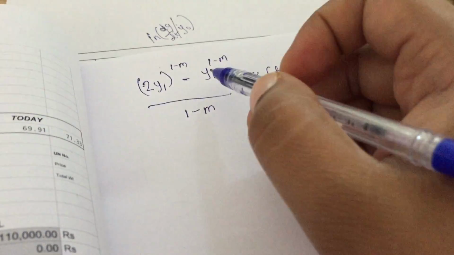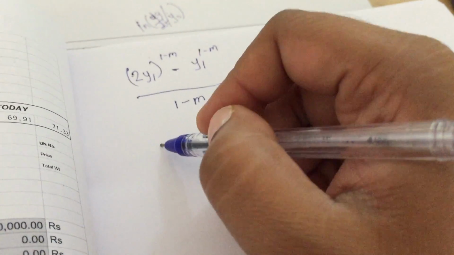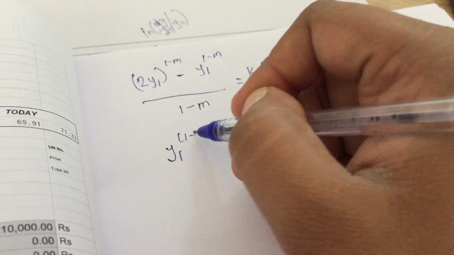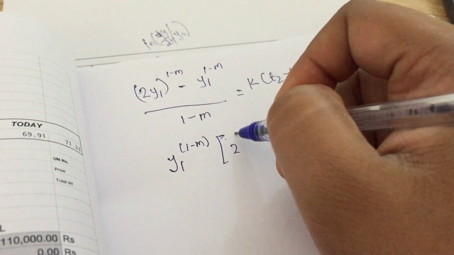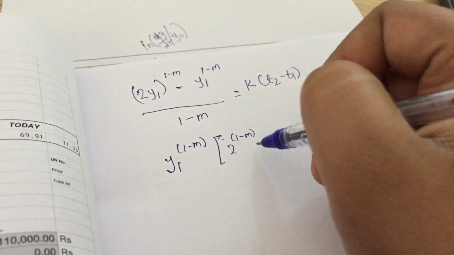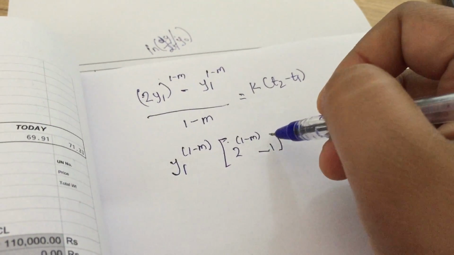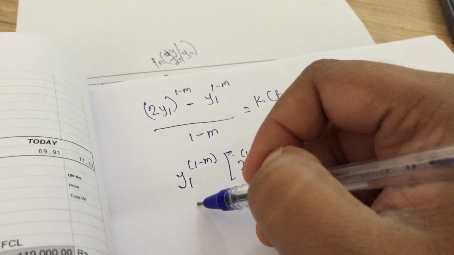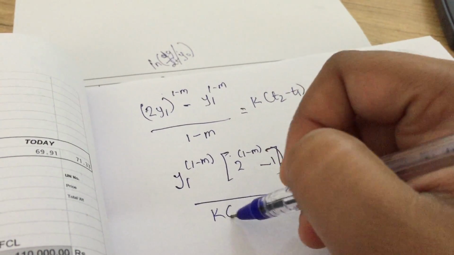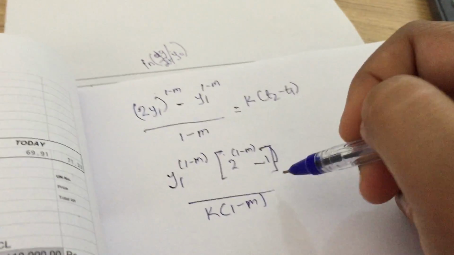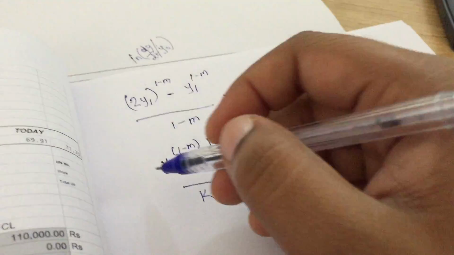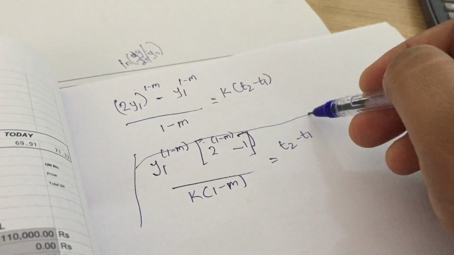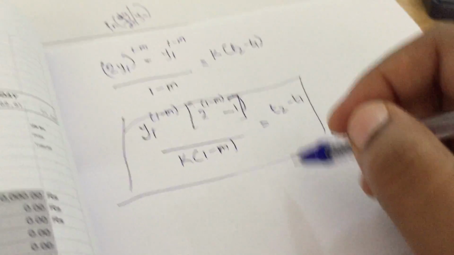So taking y1 common out, this will work out to y1^(1-m) times (2^(1-m) minus 1), upon k (1-m), is equal to t2 minus t1. Okay, this is the final result.